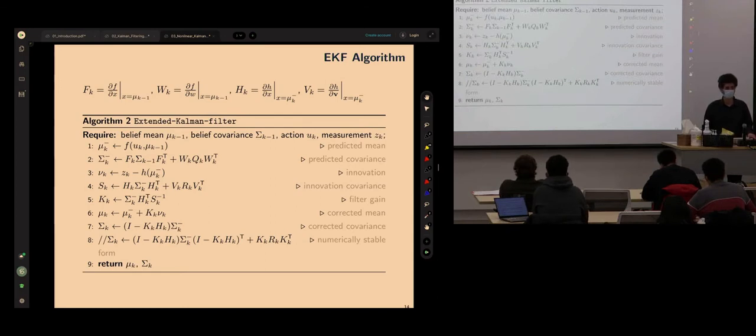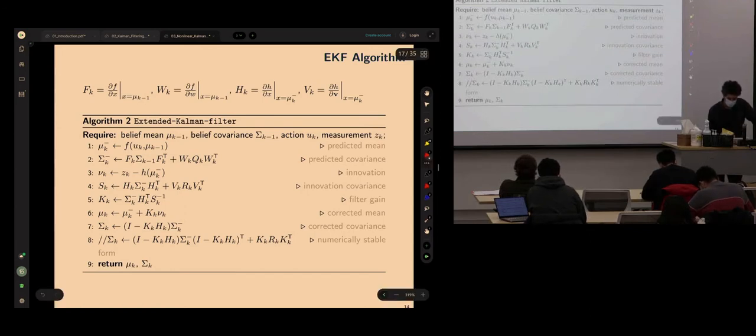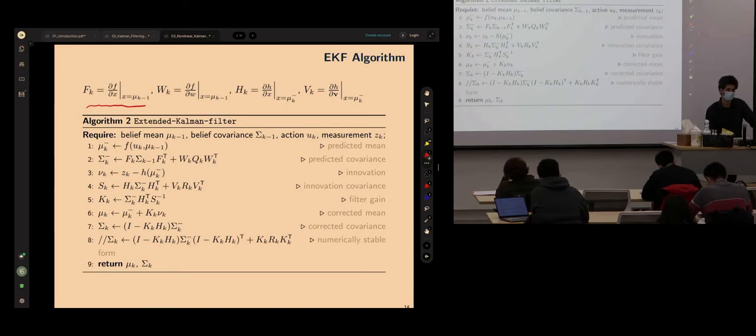It cannot be that we approximate and then we don't lose anything. There must be some consequences here. So we linearize the process around the current mean for the belief.